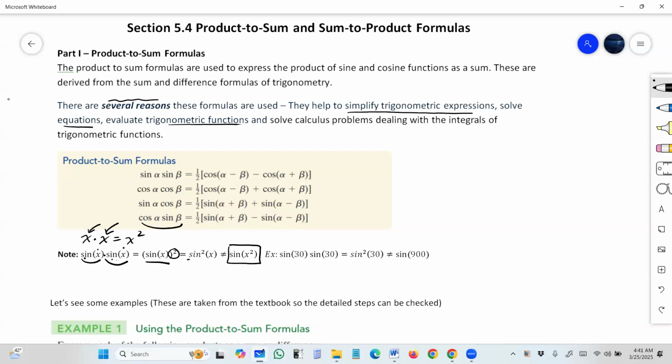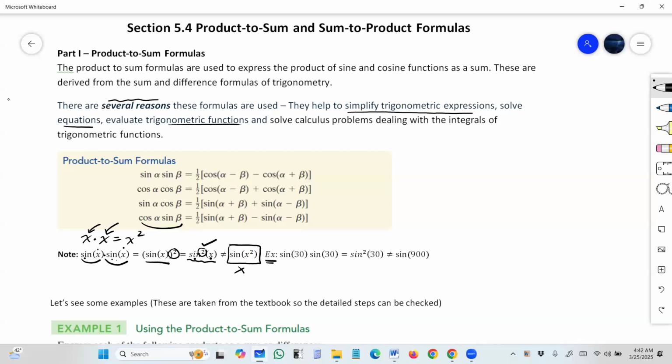And this is the notation that we use to represent the product of the sine. It's the function sine with the square associated with the function, not the angle. Okay, so sine x times sine x is sine square x, which is not sine x squared.